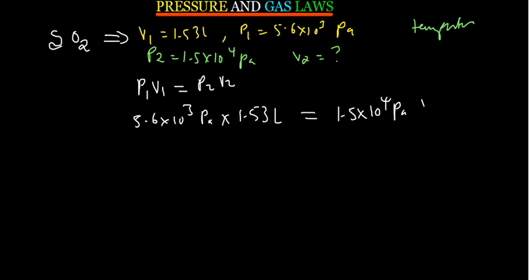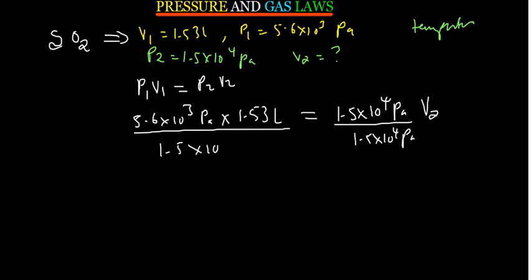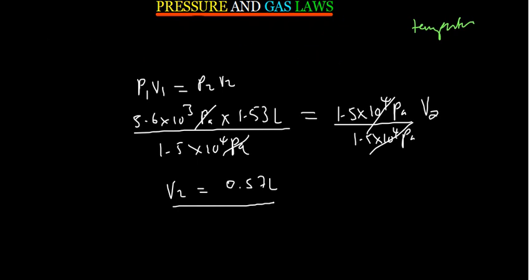We don't know V2, so I divide both sides by 1.5 multiplied by 10 to the power 4 pascal. The pascal cancels the pascal, so we expect the answer to remain in liters. That's why we make sure the units are uniform, and this gives us 0.57 liters. That is how we are able to work out such a one.